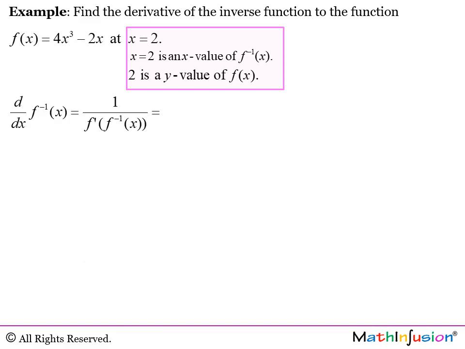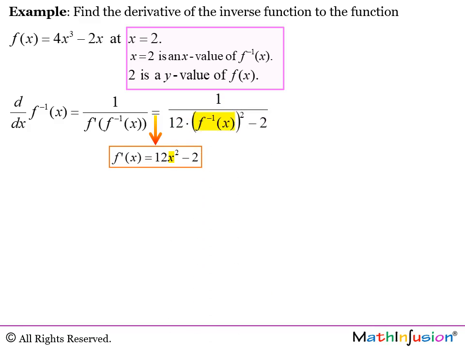Now we have to use the theorem. We know that the function is x cubed minus 2x, so the derivative of the function is 3x to the power of 2 minus 2. Now we have to substitute for x the inverse function.